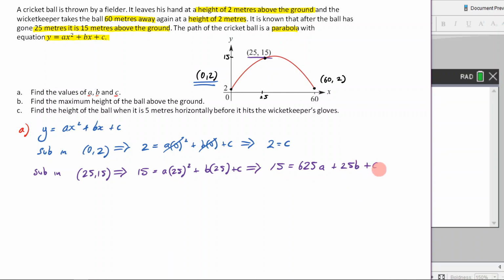I don't have to write plus C, I can just write plus 2. Which actually means I could take this 2 over to the other side. It's going to be 13 is 625A plus 25B.